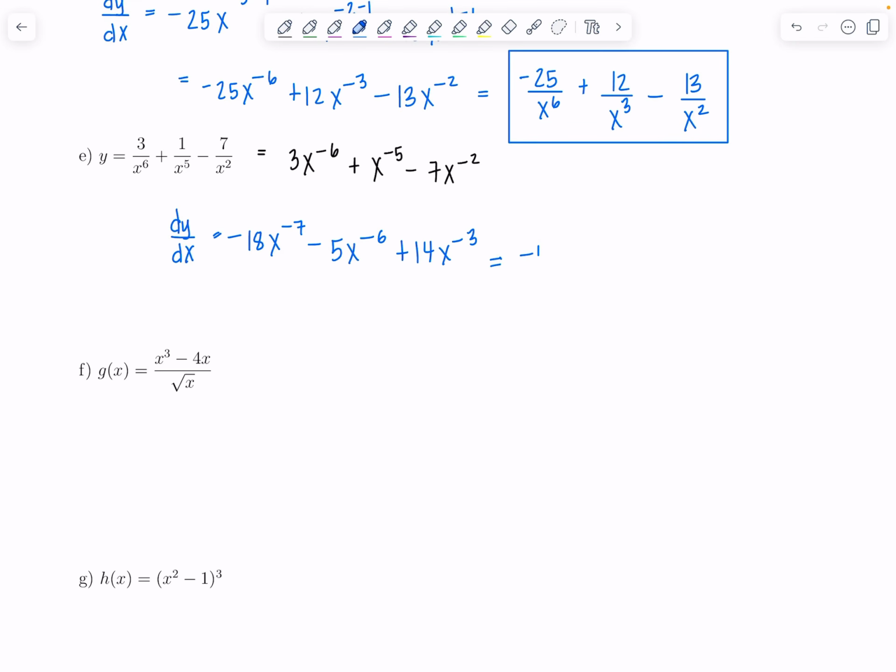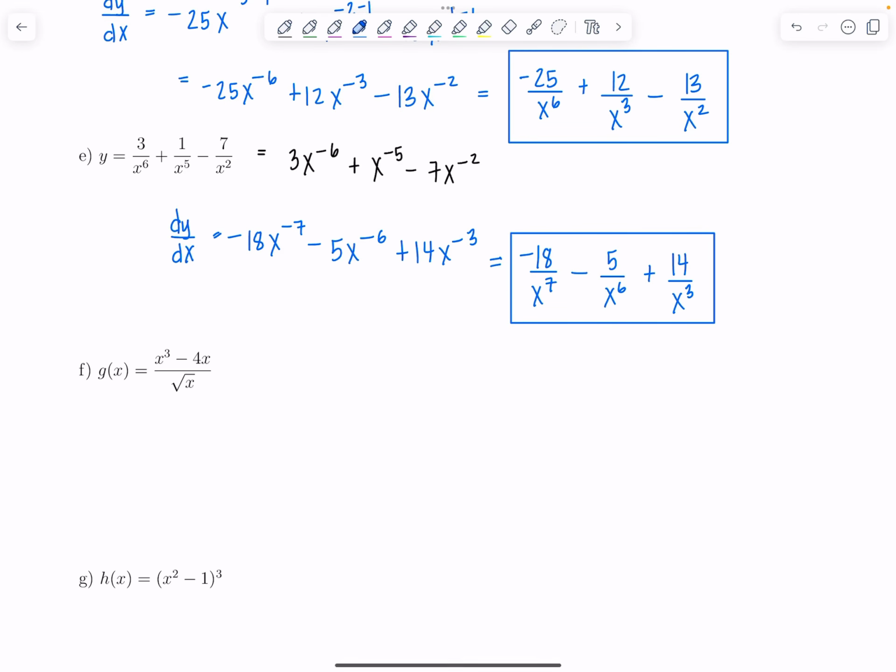And then usually for our final answer, let's put all those negative exponents downstairs in the denominator. So this is negative 18 over x to the 7th minus 5 over x to the 6th, and then plus 14 over x cubed. Beautiful. Did you get it right?